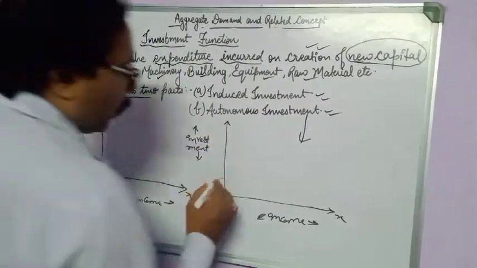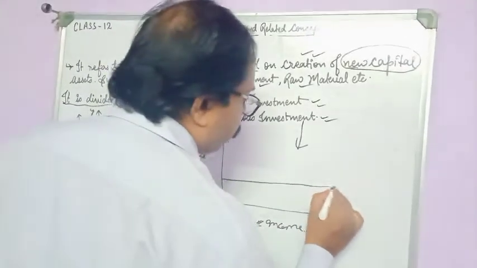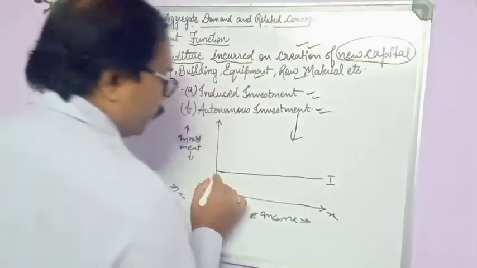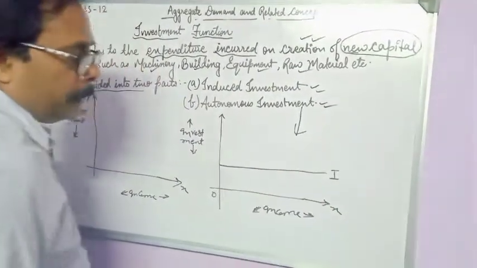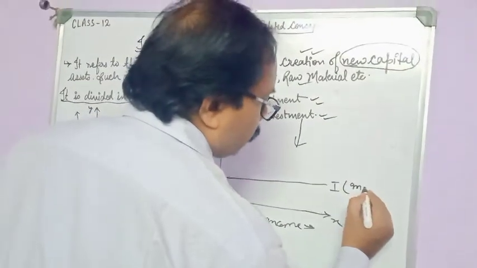So first I am going to discuss this one, the autonomous investment. Autonomous investment is the investment which is done by the government. It will remain constant at all levels of income, and that's why it is known as income inelastic.